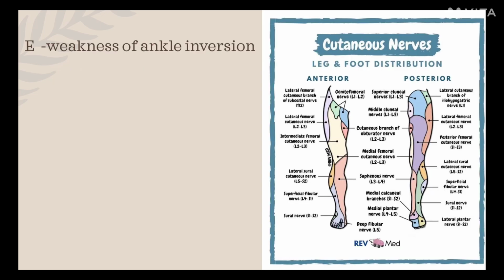So we'll see the cutaneous nerves in the legs. In the anterior side, here we have lateral cutaneous nerve, branch of subcostal nerve, the leg in the lateral aspect in the thigh, then lateral femoral cutaneous nerve, here it is L2, L3, lateral sural cutaneous nerve which is L5, S2, superficial fibular nerve L4, L5, and the lateral part of your foot is supplied by sural nerve again S1, S2, and here coming to the medial side of the leg, it is saphenous nerve L3, L4, and here in the thigh medial side it is L2, L3.